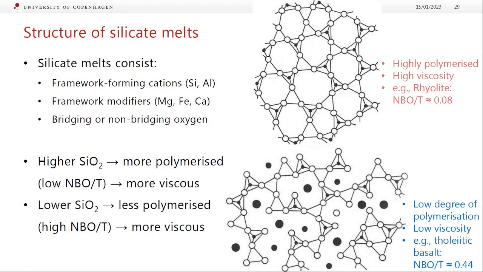So that would be more viscous. Something like a rhyolite has this NBO/T, non-bridging oxygen divided by tetrahedra, of 0.08, very high viscosity. For the lower silica melts, which have more of these framework modifiers, it's less polymerized, so we have more non-bridging oxygens, these free-floating oxygens. Something like a tholeiitic basalt might look like this, and it would have NBO/T of about 0.44.